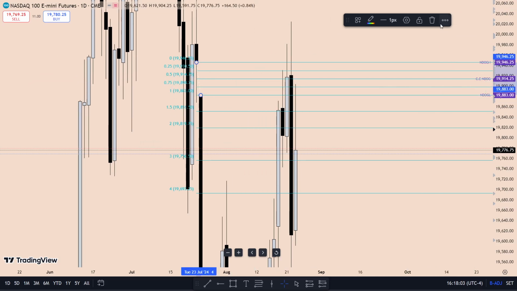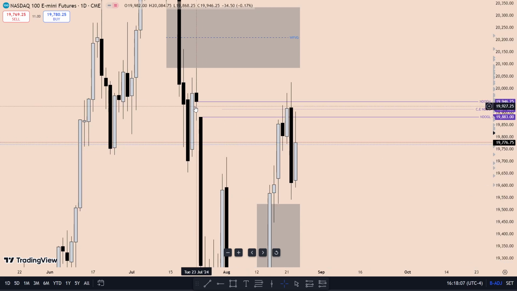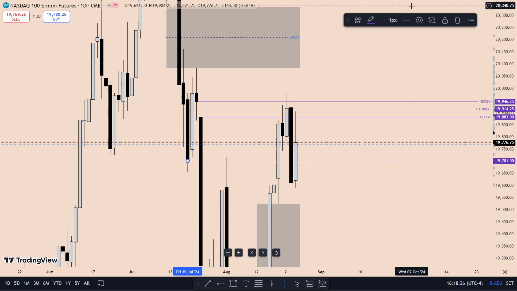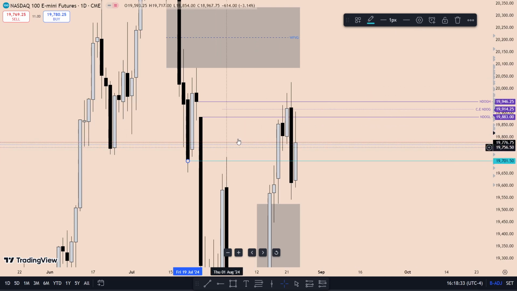So this is the current framework we're working with. Thursday, Friday, close. Okay, so we've also got a new week opening gap here, which is where we close on Friday and open on the Monday. Well, we open on Sunday, but yeah, New York time I'm working with. So let's put those in. One that's solid, and I think it's that one.